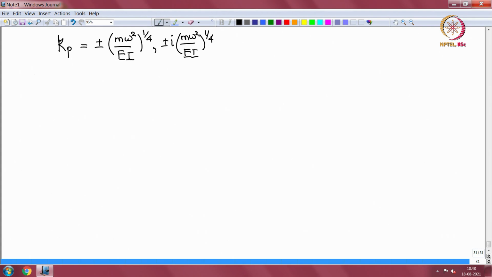So, let us look at this solution using each of these roots. Okay, using each of the roots.